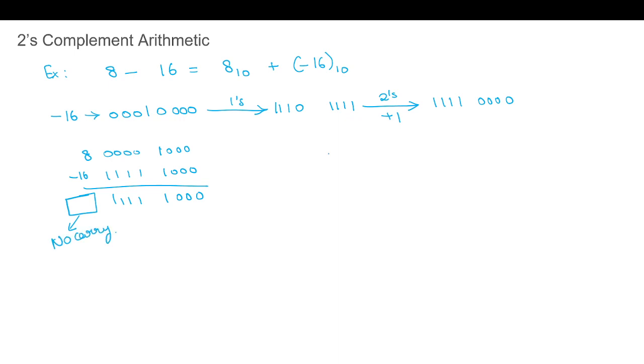So if no carry, the sign bit is 1, the answer is negative. The number is negative and is in 2's complement form.